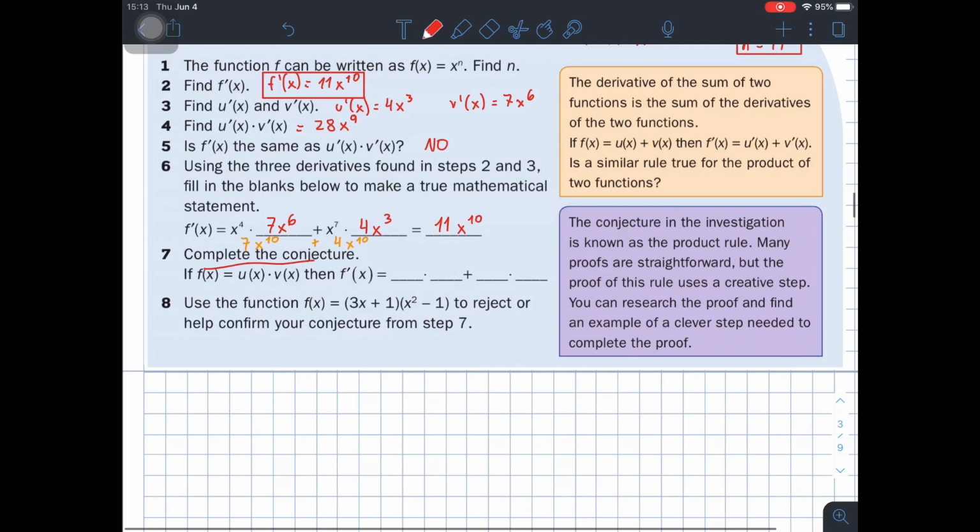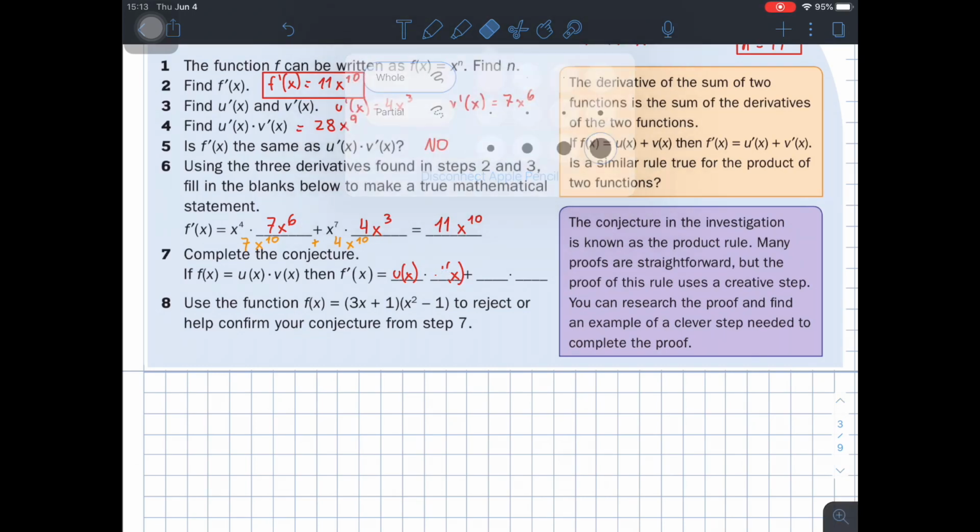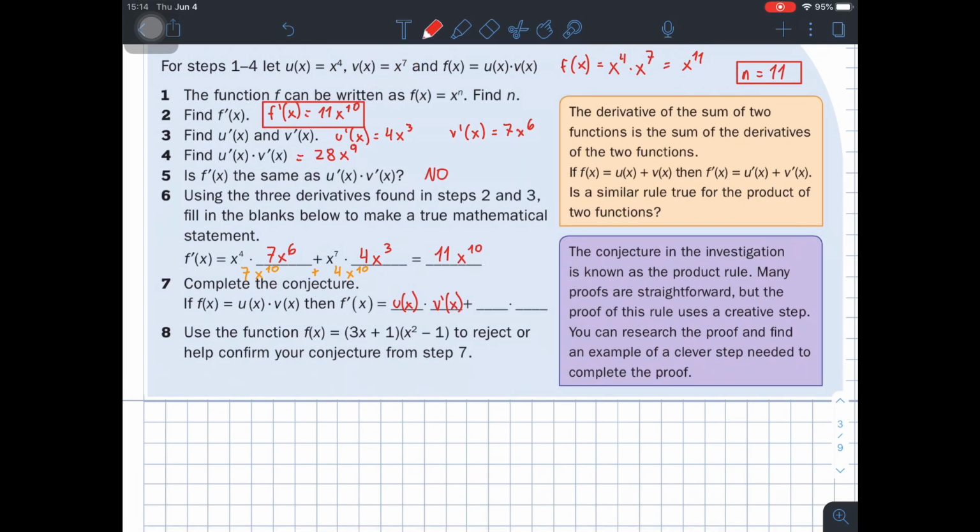Okay, so then it says complete the conjecture. If f of x equals u of x times v of x, then f prime of x is equal to u of x times the derivative of v, v prime of x, plus x to the power of 7, which is the original function for v, v of x, times the derivative of u, u prime of x.